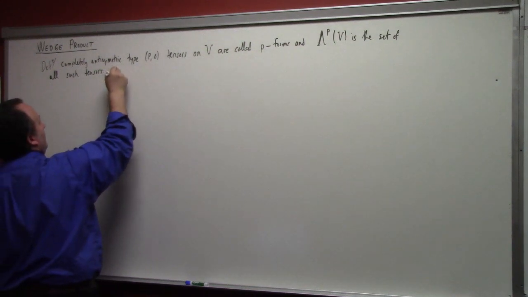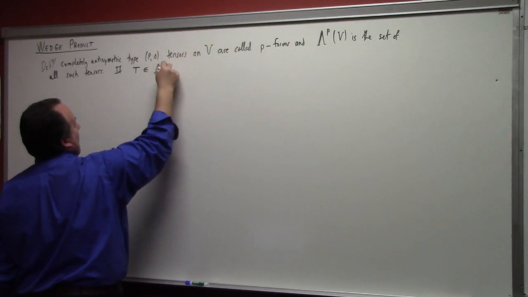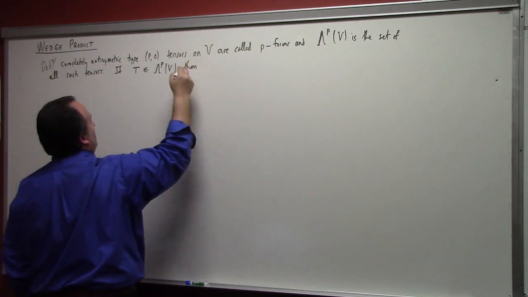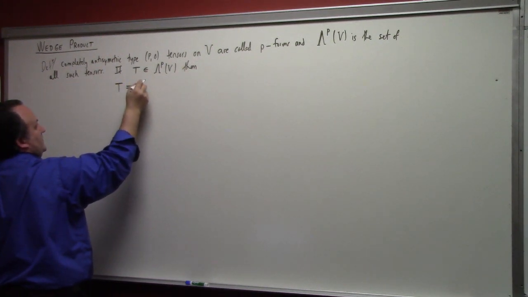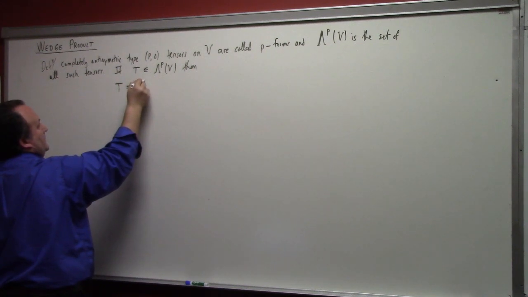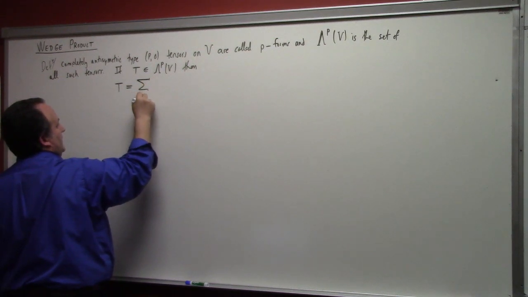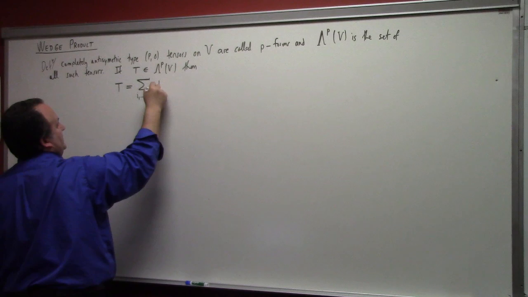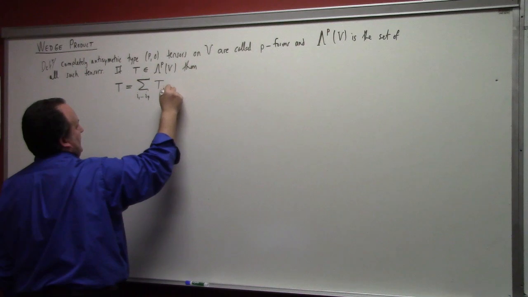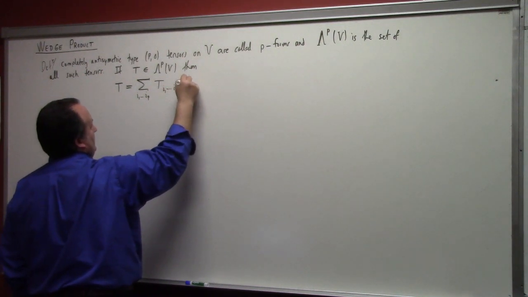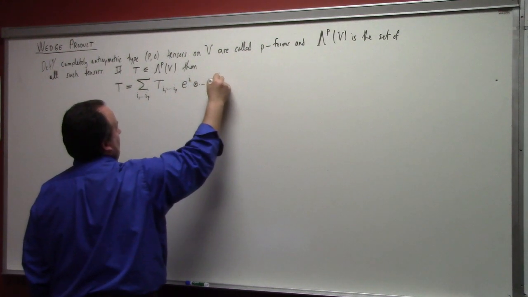If T is an element of lambda P V, then we can express T as the sum over I1 through IP of T I1 through IP of E I1 tensor through E IP.